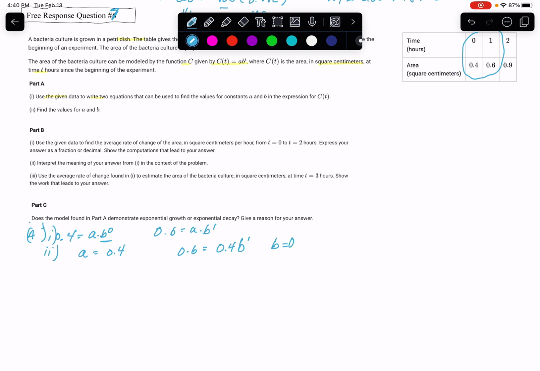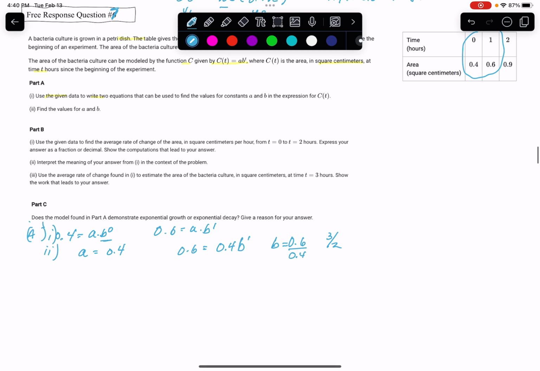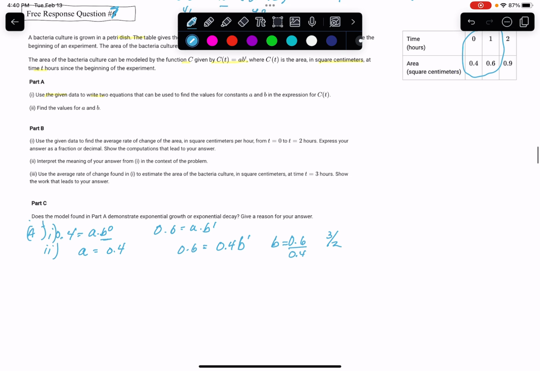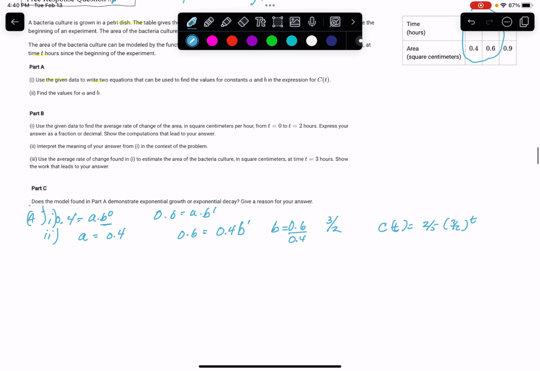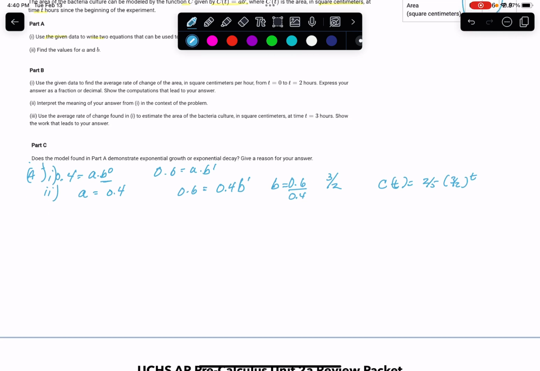So B is 0.6 over 0.4, which is 3/2. So now let's just write what this is. This would be C of T is equal to 2/5, which is 0.4, I'd rather use fractions, times 3/2 to the T. Okay, probably need that later.